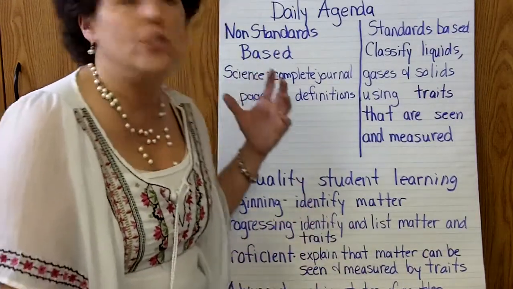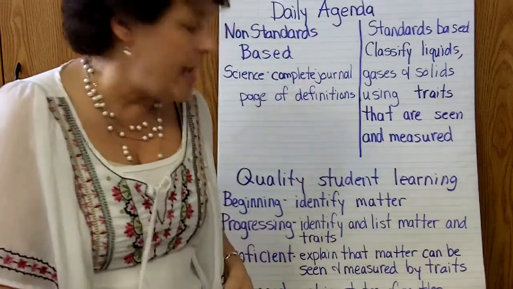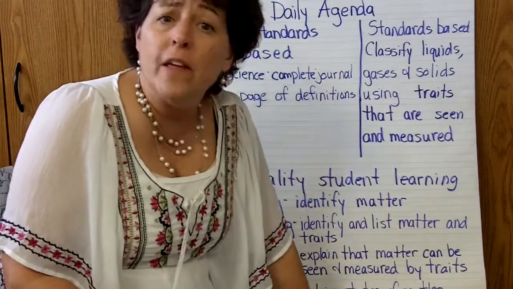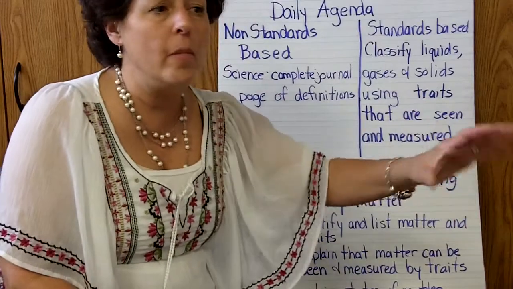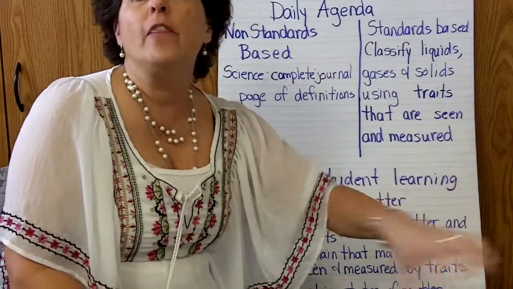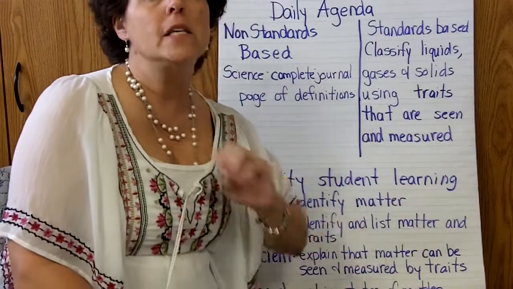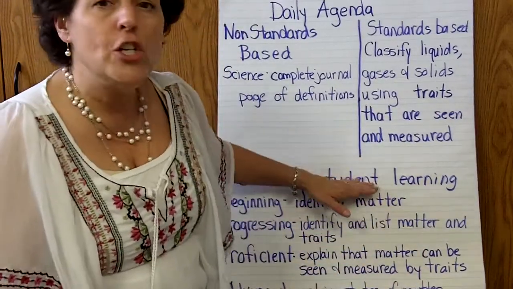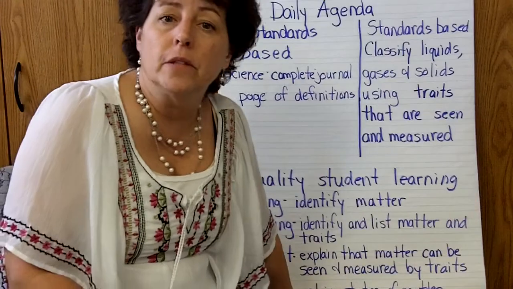They're going to be able to detail the traits and describe the what, the why, and then apply it. So if you give them a form of matter, they'll be able to tell you what it is, how do they know that, why do they know that, and that's showing them what's their quality of learning.